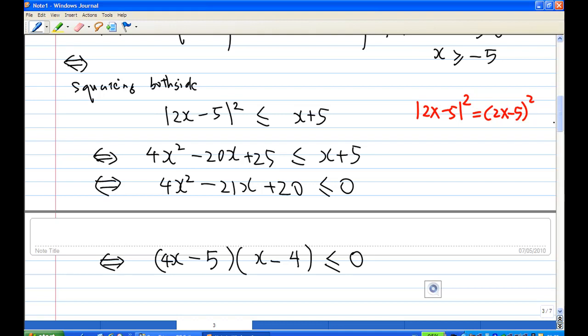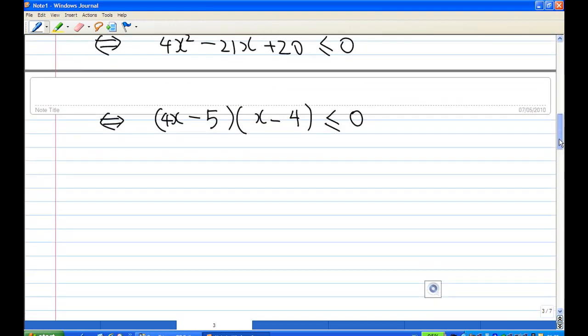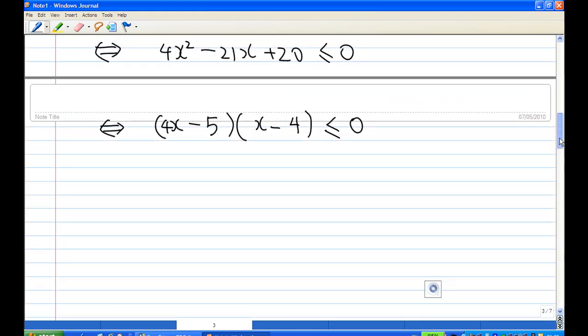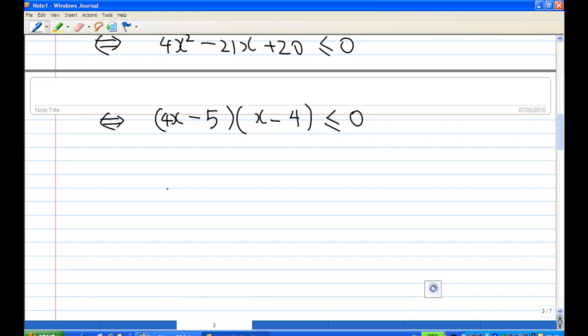Now to solve this inequality, the real number line is divided into 3 pieces. The numbers are x equal to 4 and x equal to 5 over 4, when you have 4x minus 5 equals 0 and x minus 4 equals 0.